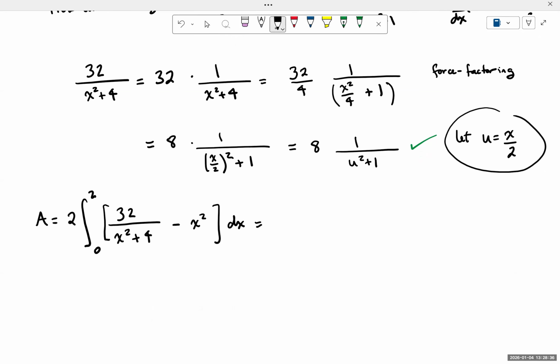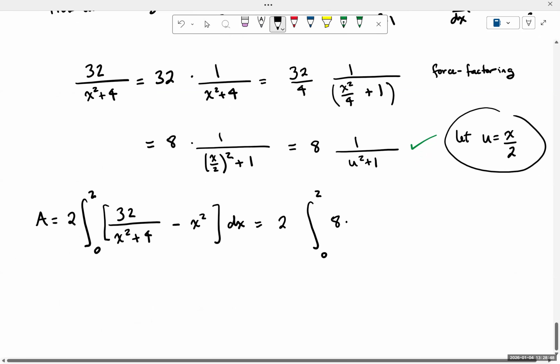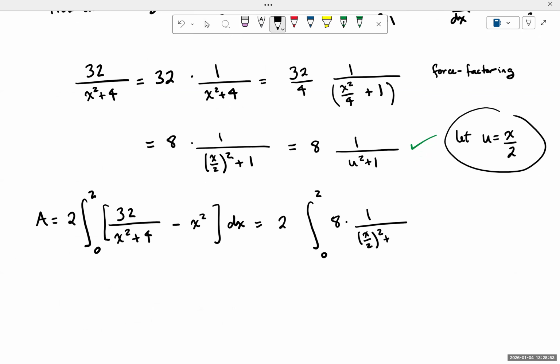So maybe just to make my life easier, I'll just break this up into two things, right? This would be 8 times 1 over x over 2 squared plus 1 minus 0 to x squared dx, because I certainly don't want to substitute in for the easy integral, right?